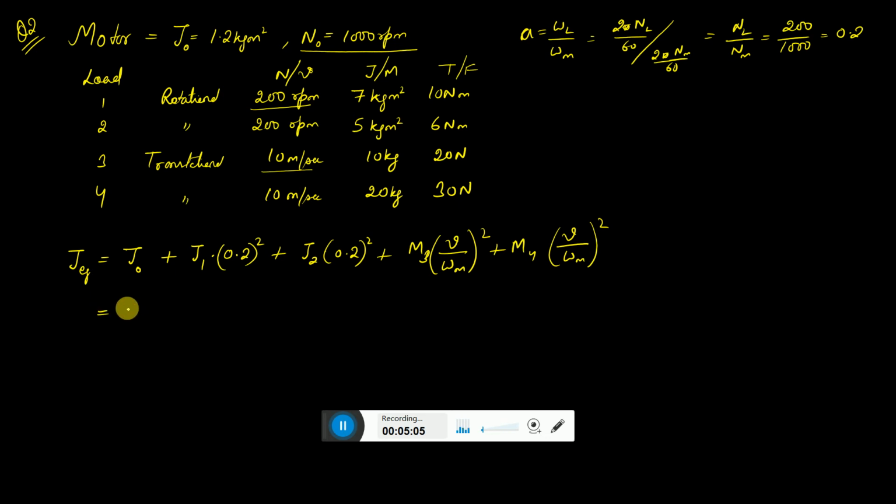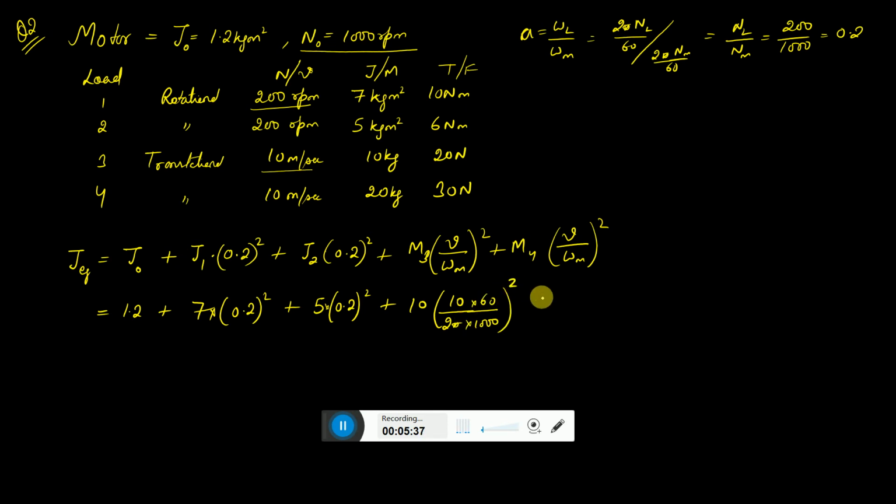So let us substitute the values. 1.2 plus J1 is how much? 7. This one is 7 into 0.2 square, 5 into 0.2 square, M3 is how much? 10 kg, V is 10 meter per second, omega M is 2 pi 1000 divided by 60.